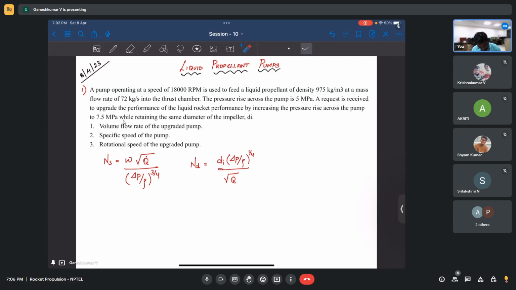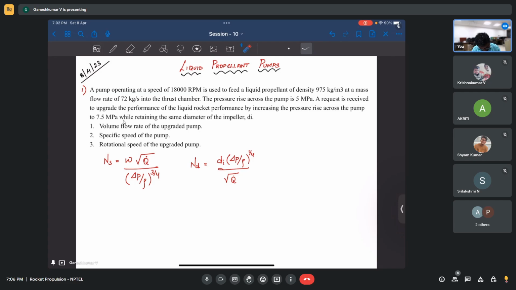So there is this pump already. Let's call it pump 1. Okay, and the pressure rise is 5 megapascal, and the rpm is 18,000 rpm.